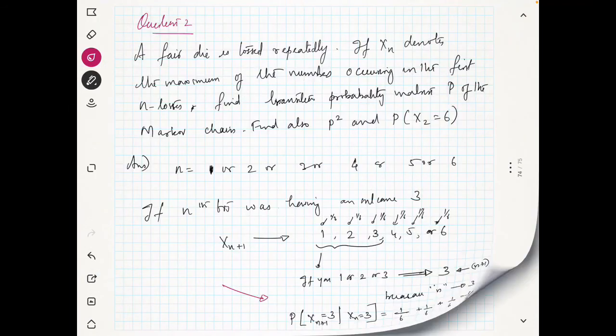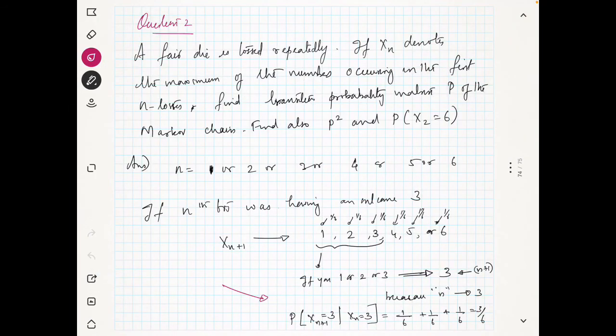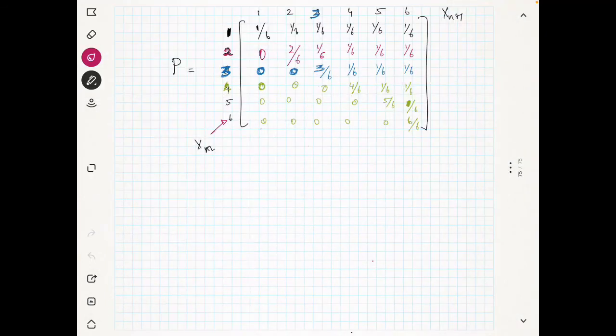So the second part of the question: find also p square. What is p square? p square is nothing but p into p. So you will be getting 1 by 36, because all terms contain 1 by 6, and 1 by 6 into 1 by 6 is 1 by 36. So it becomes 1, 3, 5, 7, 9, 11.